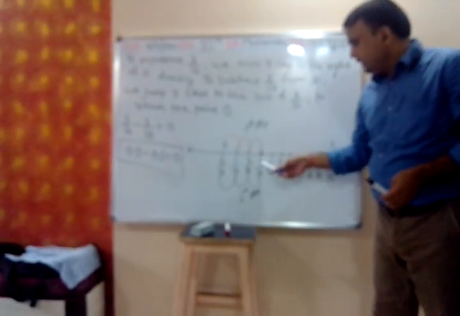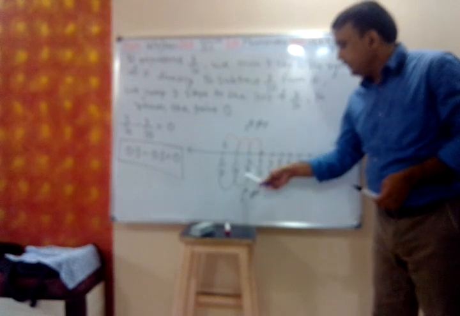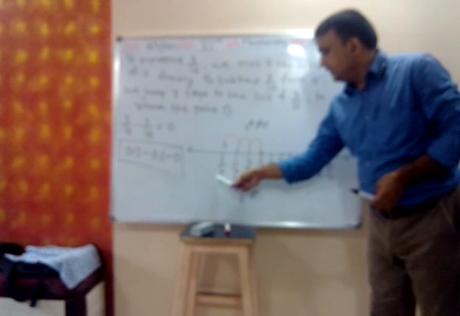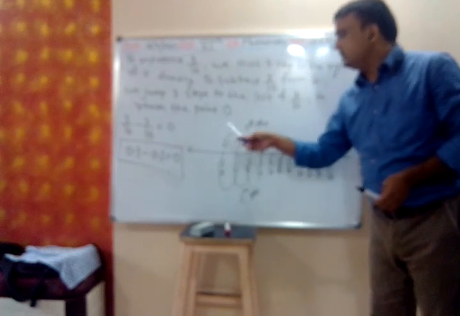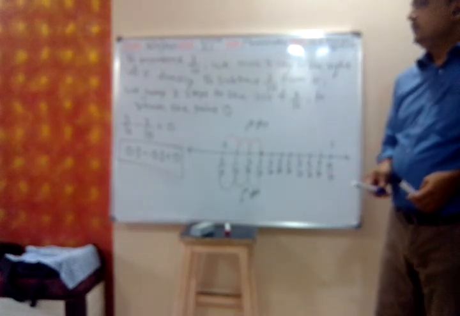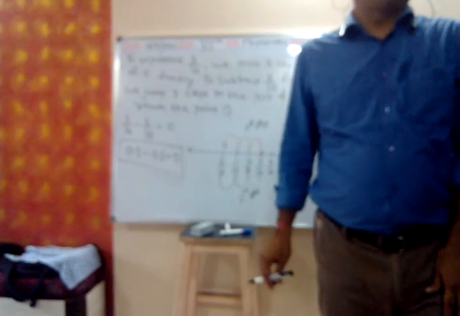See here, from 3 upon 10, we jump to the left, 3 steps. So 1 step, 2 step, 3rd step. There we reach 0 upon 10. 0 upon 10 is same as 0, right?